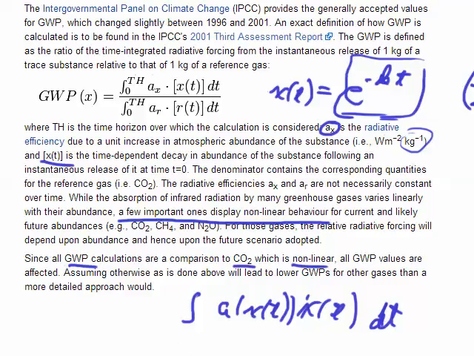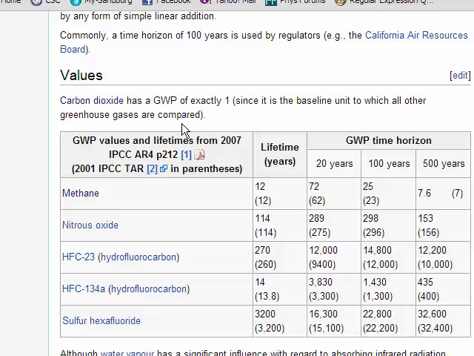Well, people that have been working on this for years rather than me, who am just looking at it for the first time today. But yeah, there it is. Carbon dioxide has a global warming potential of exactly 1.